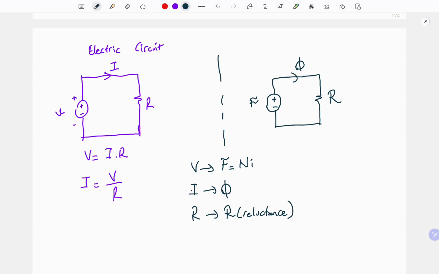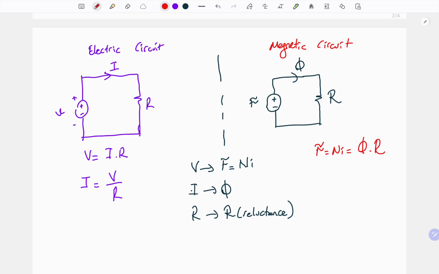For the magnetic circuit, we can write equations similar to Ohm's law. Instead of V, we write the magnetomotive force, which is Ni, and it must be equal to the flux, the equivalent of current, times the reluctance, which is the equivalent of resistance in the magnetic circuit.